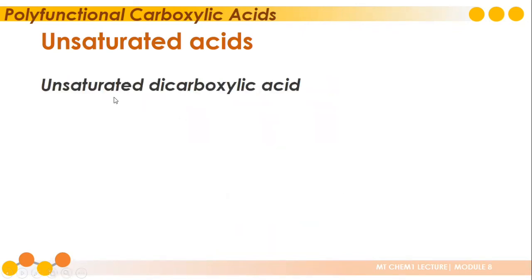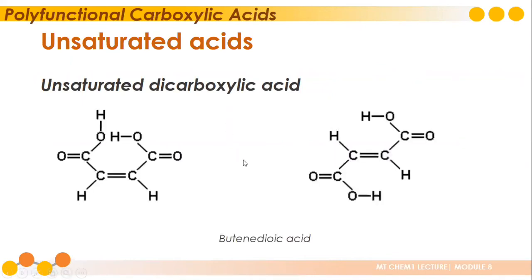Another example is an unsaturated dicarboxylic acid. Both of these are butenedioic acid. But what are their differences? Their difference is that they are isomers. This is maleic acid. The next one is fumaric acid.